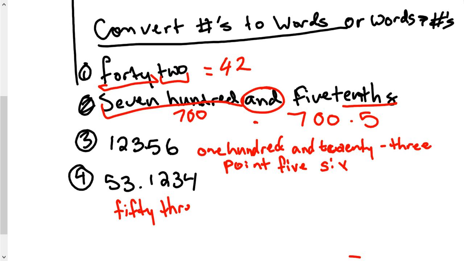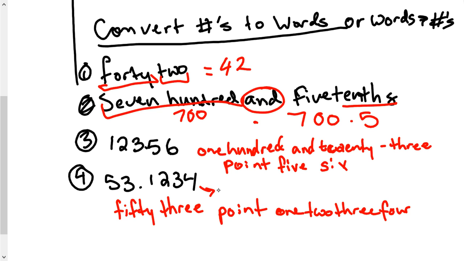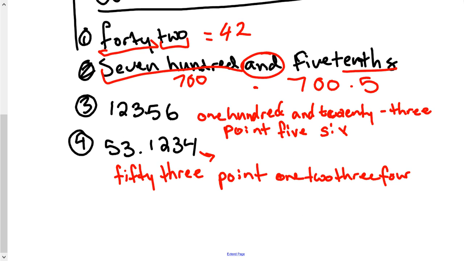And because this one is so long, I usually just say point 1, 2, 3, 4. Because once it starts getting to those higher decimal place values, this being the thousand spot, it just sounds a little easier to bring it in that way. So it's a little bit more clear.